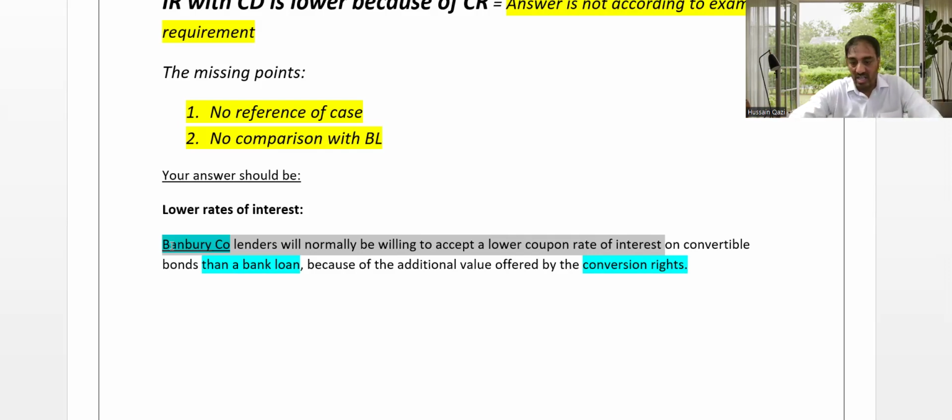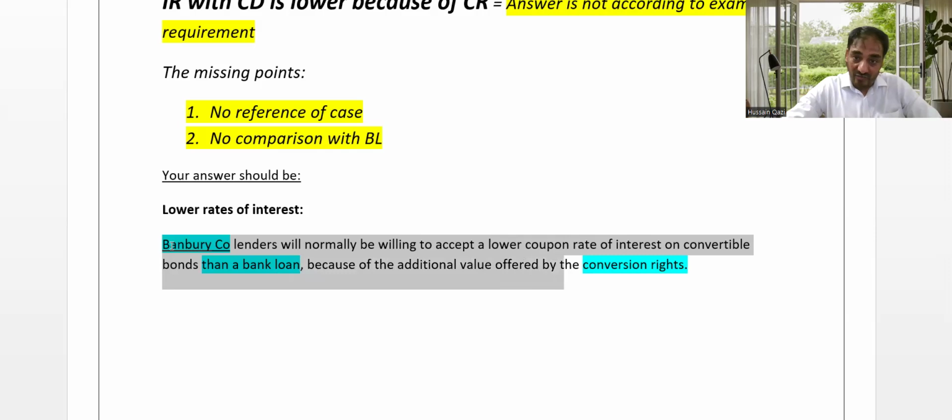You can use these words, on convertible bonds than a bank loan, because of additional value offered by the conversion rights. If you write with this tone, actually you meet the examiner expectation.